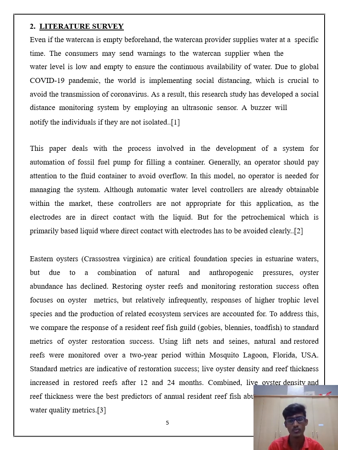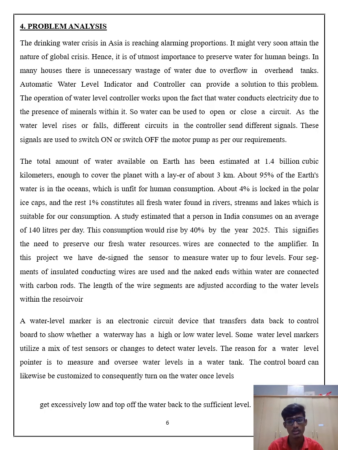To address this, we compare the response of a resident fish guild to standard metrics of oyster restoration success using nets. Natural and restored reefs were monitored over a 2 year period in Mosquito Lagoon, Florida, USA.